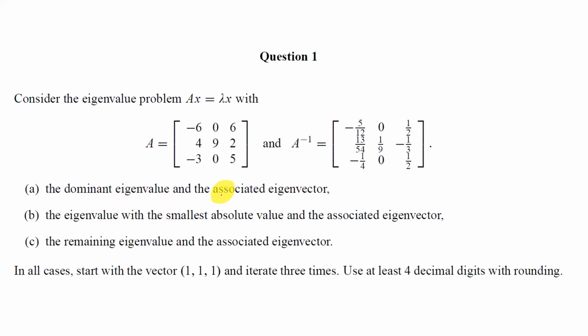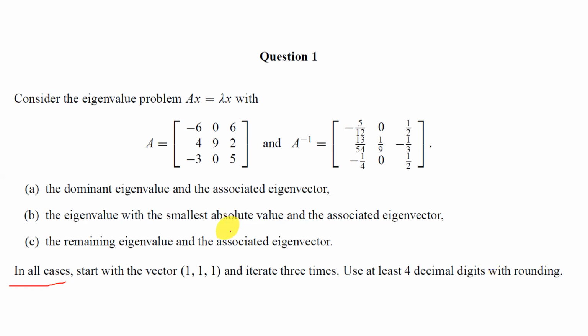Okay, we've already found the dominant eigenvalue to be 9, and the associated eigenvector to be the 0, 1, 0 vector. In all cases, start with the vector 1, 1, 1, and iterate 3 times. Use at least 4 decimal digits with rounding. Okay, so we have done the first one.